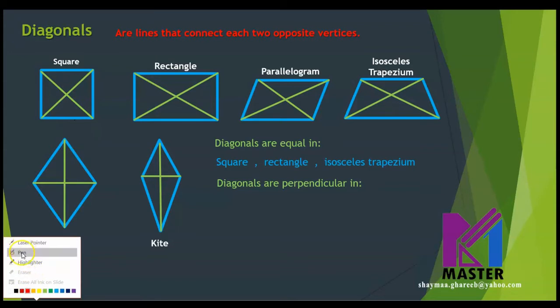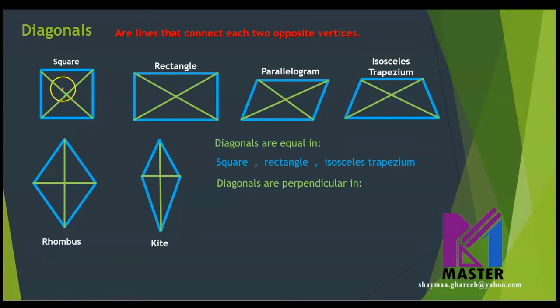I will show you exactly. This is a right angle here. Can you see it? And this is right angle. And this one as well. And this one as well. Is this clear now? So we can say that diagonals are perpendicular in square, rhombus, and kite. Is this clear?